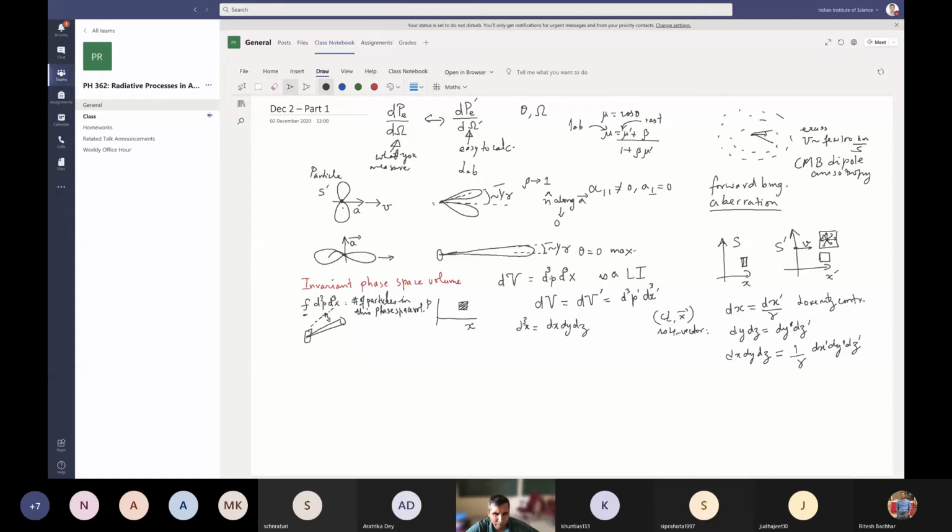What about the momentum part? Similarly, energy and momentum form a 4 vector. So dpy dpz is equal to dpy prime dpz prime: the transverse momentum does not change.